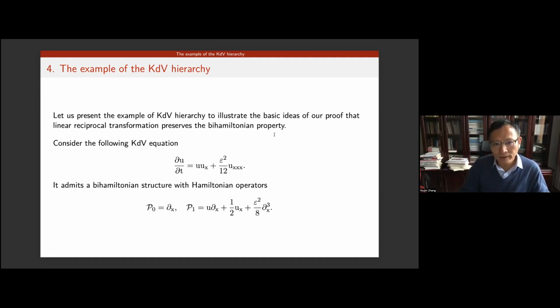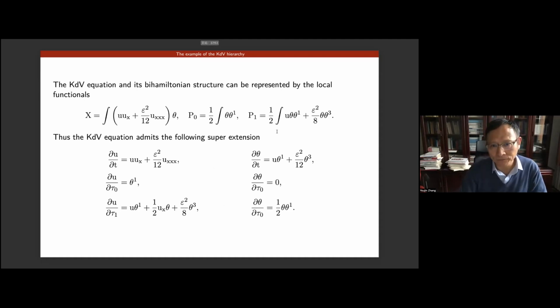Then in our setting of local functionals, this KdV flow can be represented by this vector field X, a super degree 1 local functional, and also a super degree 2 local functional P0 and a super degree 2 local functional P1.